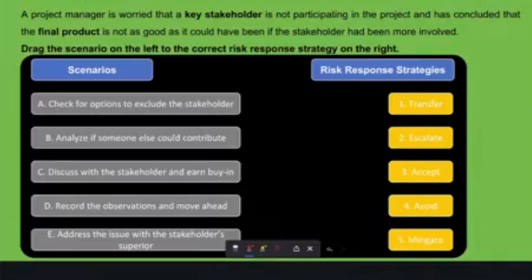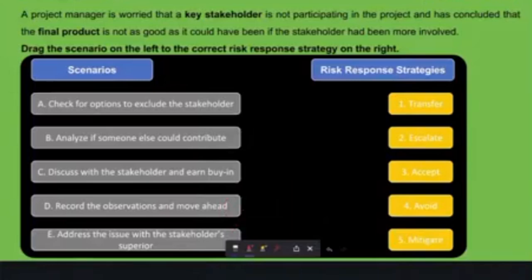Analyze if someone else could contribute. Transfer. You just mentioned this, right? Check for the option to exclude the stakeholder. What's your answer here?